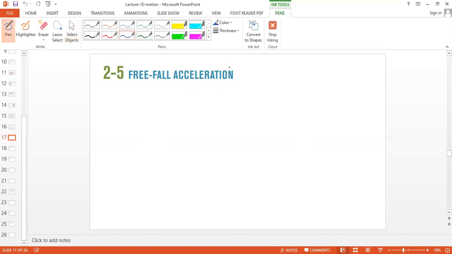Free fall acceleration is basically g, which is equal to 9.8 meters per second square. For a free falling object, the equations v equal to u plus at, v square equal to u square plus 2as, or s equal to ut plus 1/2 at square can be modified.